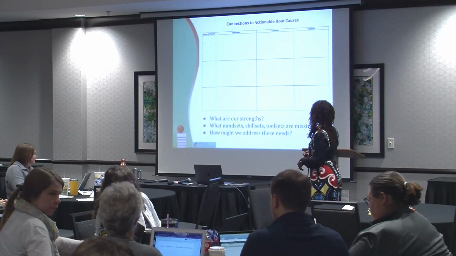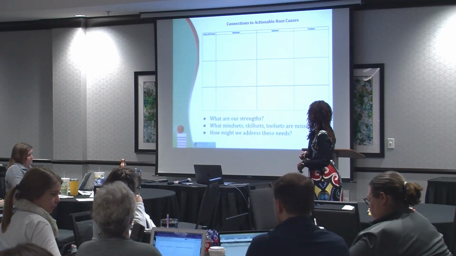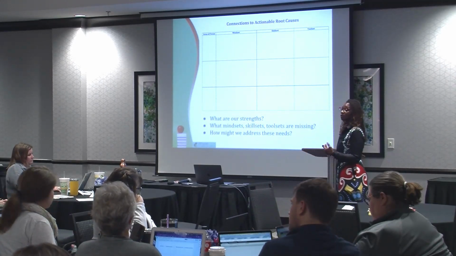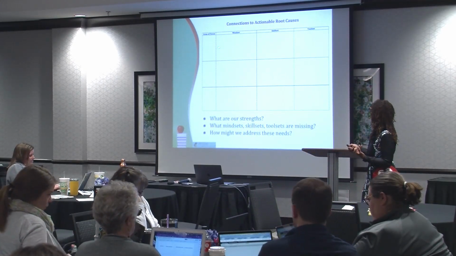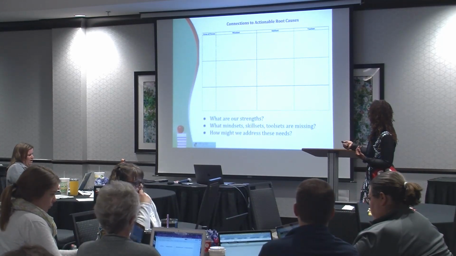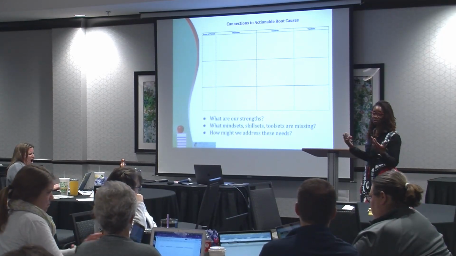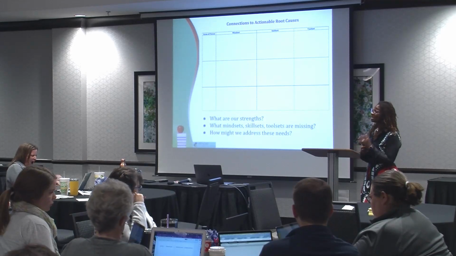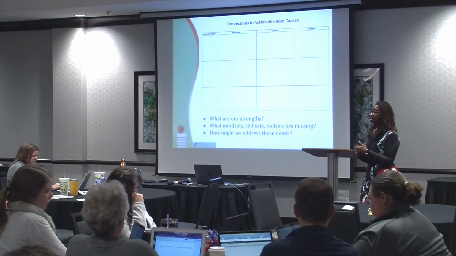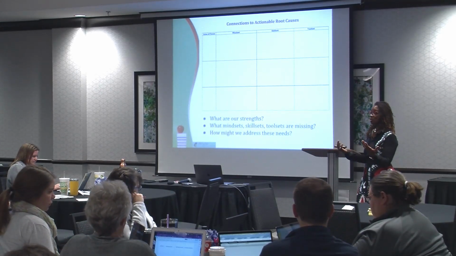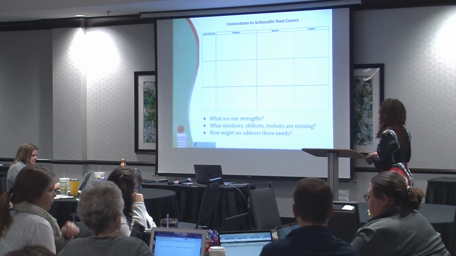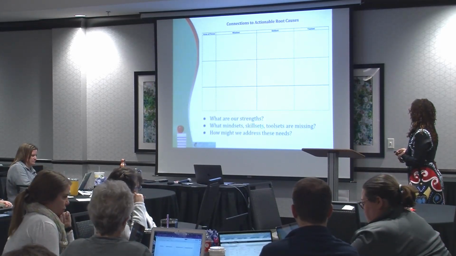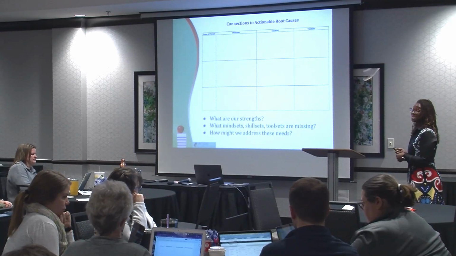And on your guided note sheet, you'll see these 3 questions at the end. What are your strengths related to mindset, skill set, tool set on that area of focus you chose? What's standing out is that's something we have, we don't necessarily need to build. Do you notice anything in that way? What mindset, skill sets, and or tool sets are missing?